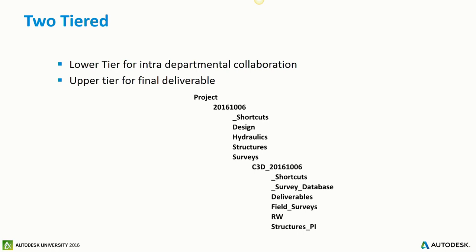So that was the trick right there. So this was done on the survey side of it. You can see how there is an underscore shortcuts here. And everything here is very specific to survey. Then every department will have their own folder, and they could create shortcuts, but this is the shortcut available at the project level, which will be shared across the whole project team, wherever they are, in one office or multiple offices.